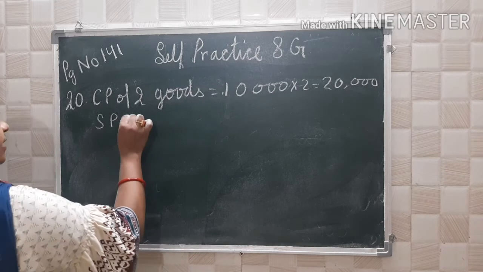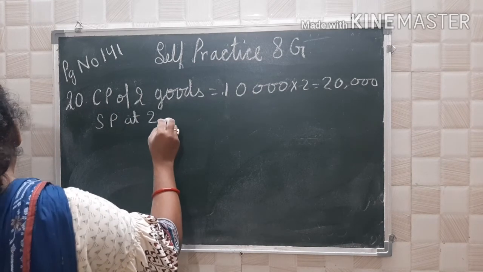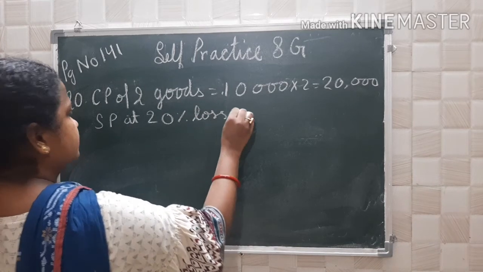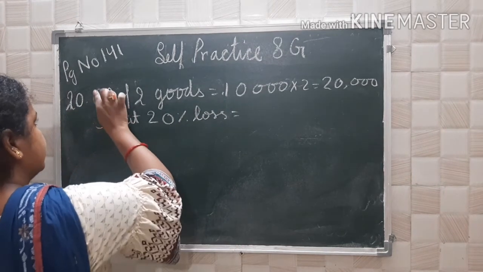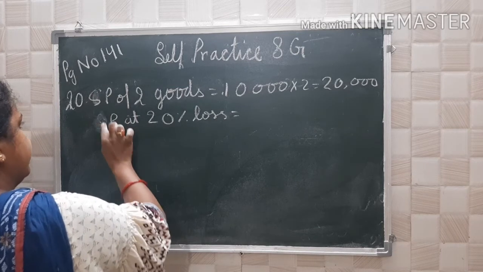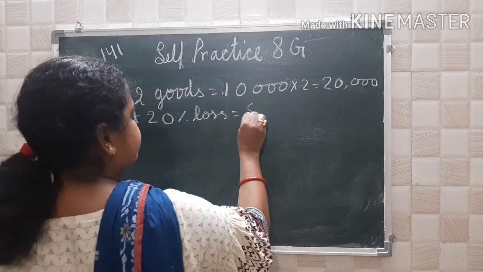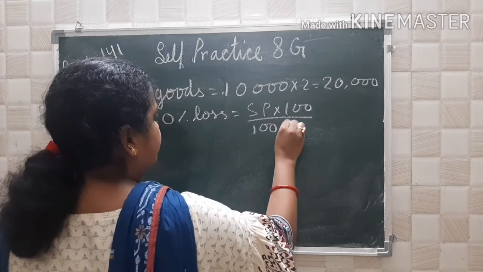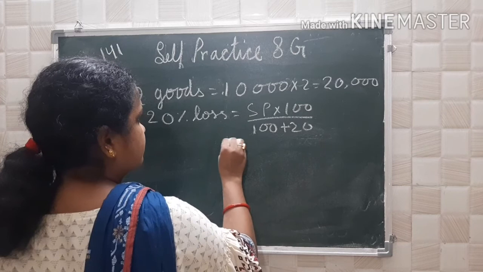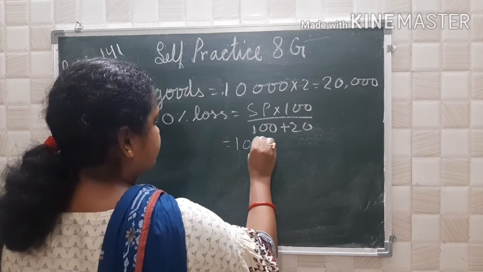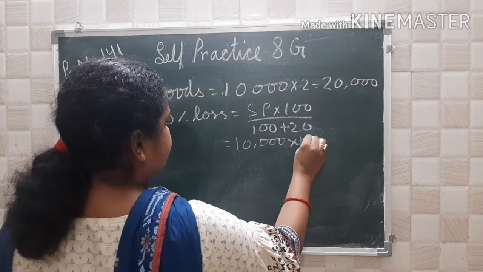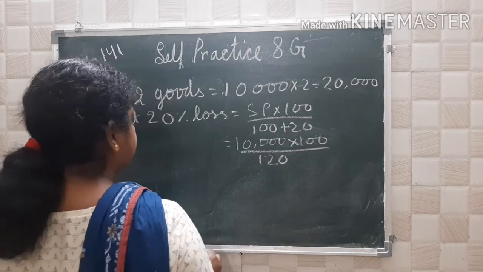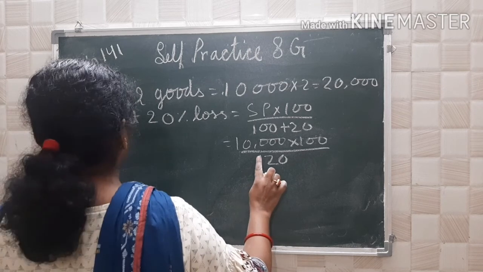SP at 20% loss. So what will be the CP? Sold, so SP is given. So CP at 20% gain is SP into 100 upon 100 plus 20, which is equal to 10,000 into 100 upon 120.